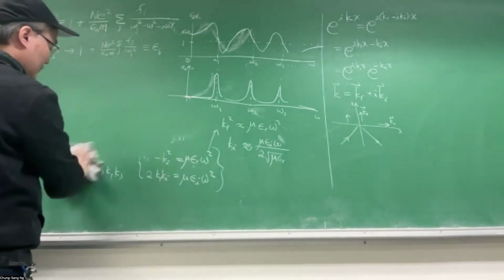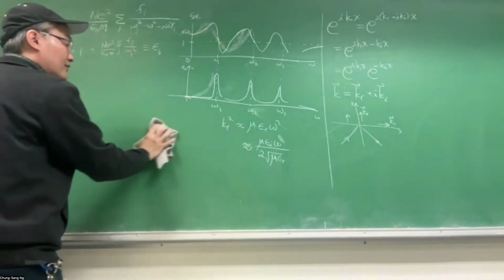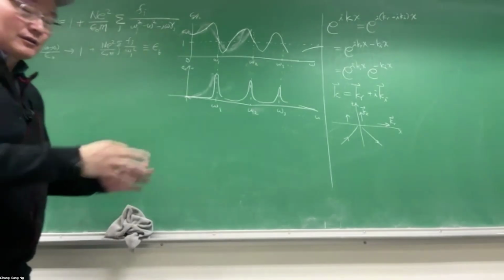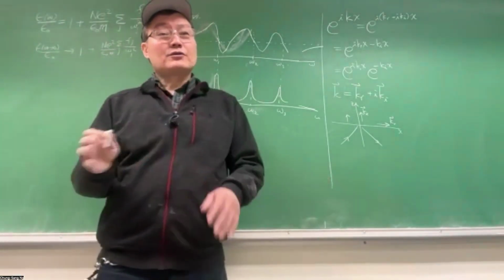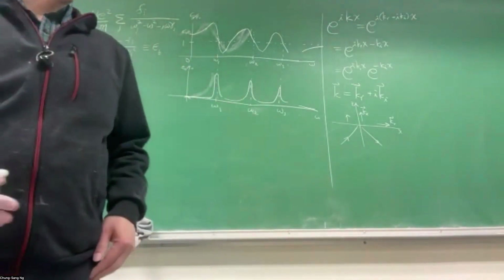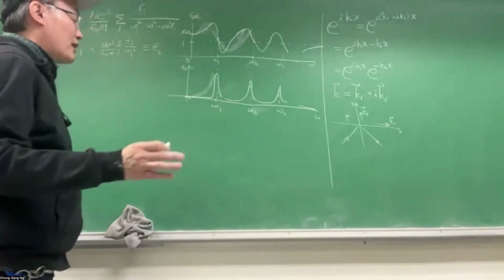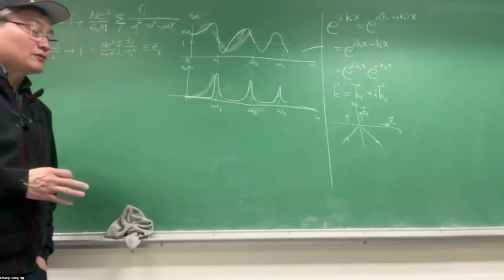That's the situation when you not only have the bounded molecules in the medium, but you can also have some free electrons. When the frequency goes small, for free electrons you don't have the intrinsic oscillatory frequency.